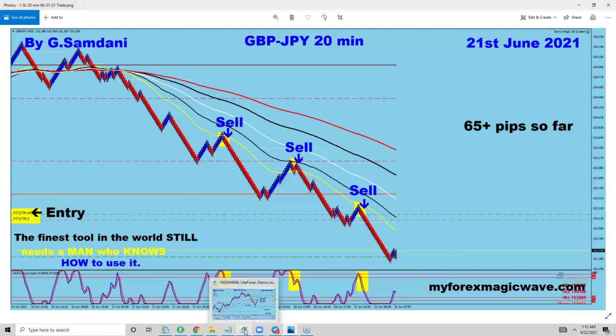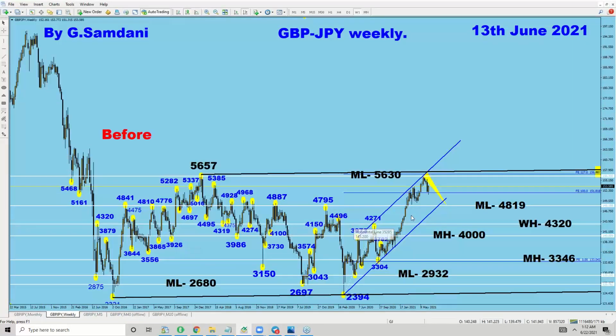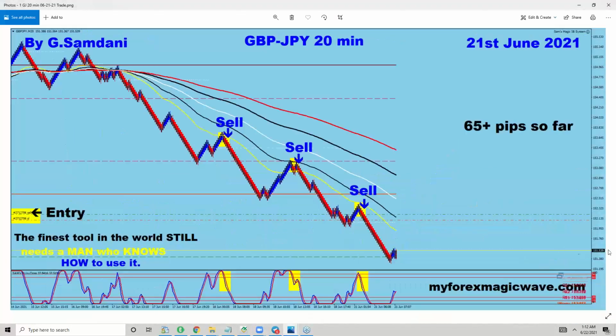See, so what we were doing on a weekly chart, let me show you where it is: 151.61, this low. So we were hitting there at 151.61, 153. I forgot to mark here, but that was the area.